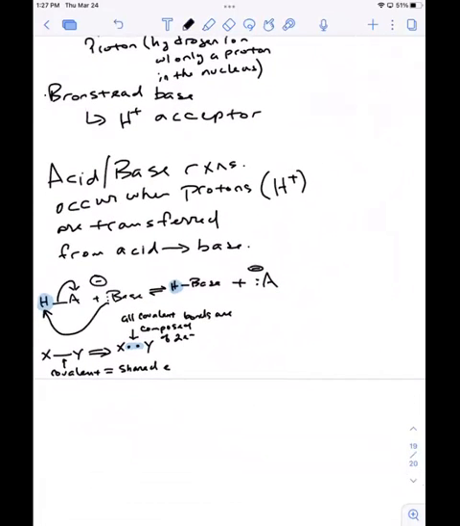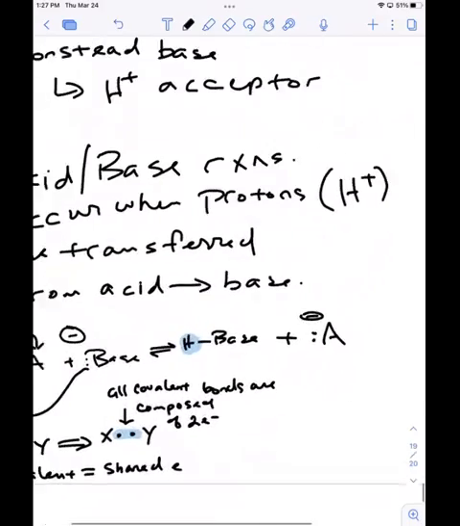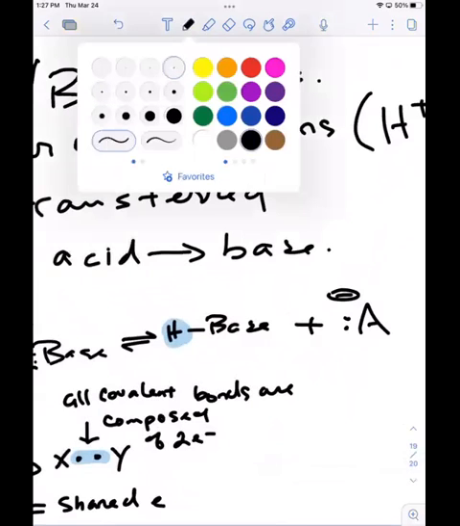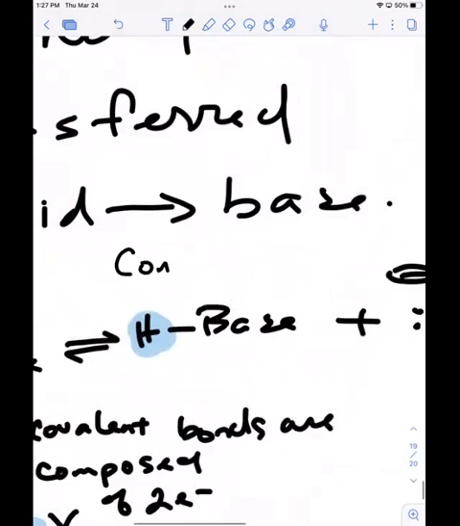Right, so that's just a generic acid-base reaction where you have the acid plus a base. And then on the other side, let me give you this term too, you have what's called a conjugate acid.